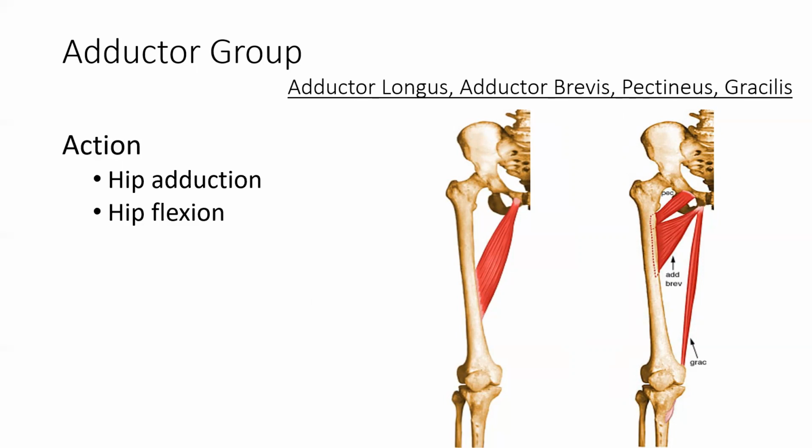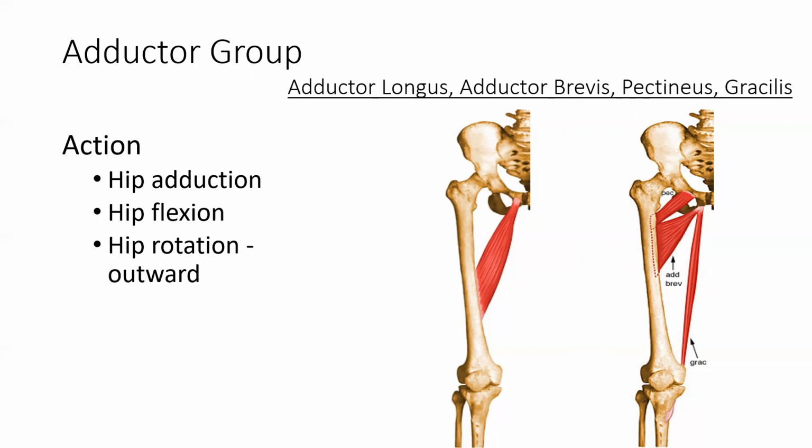They're our adductor group. They will also be synergist for hip flexion with iliopsoas and hip outward rotation. So they work similar to iliopsoas, but they have a line of pull for adduction as well. When iliopsoas cannot cause adduction, the adductor group can cause adduction, as well as be a synergist for hip flexion.